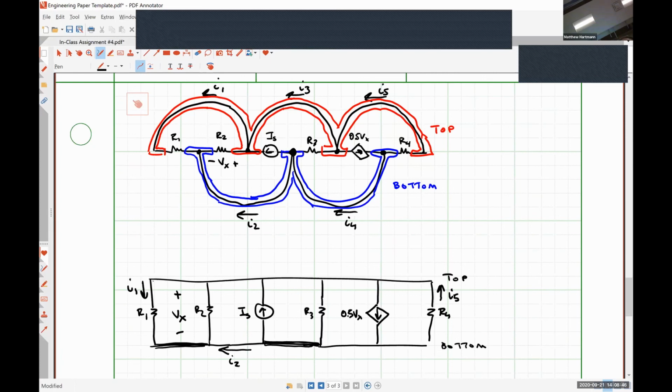Current I3 is flowing from the node that connects resistor R3 and the tail of the dependent current source, so this guy, and it is flowing to the node that connects the head of the current source arrow and the resistor R2. So it's flowing to this guy. So there is I3.